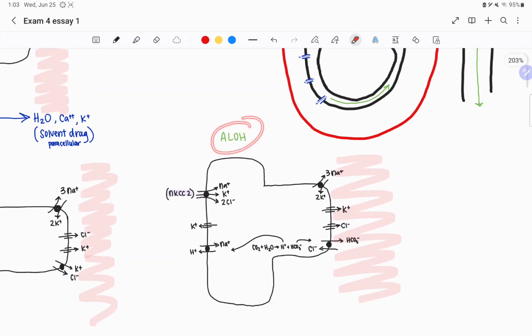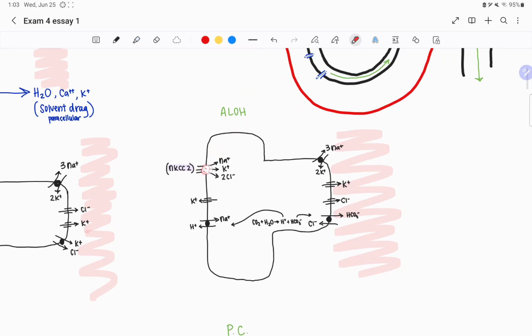So in the ascending loop of Henle, we have what's called the NKCC2 channel. We're getting a sodium in, a potassium in, and 2 chlorides. This transporter is a big deal. It's helping us pump out a ton of ions. So we're getting sodium out, potassium out, chloride out, and we're getting bicarb out. We also have this leak channel on this other side, kicking out some of our potassium.